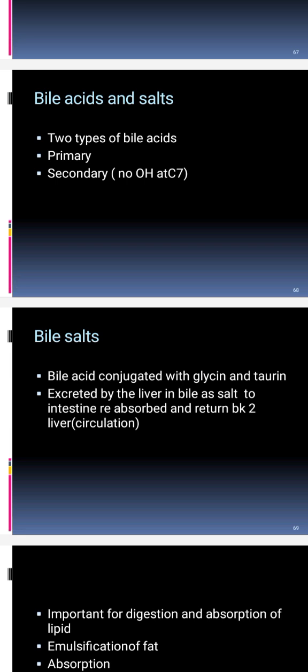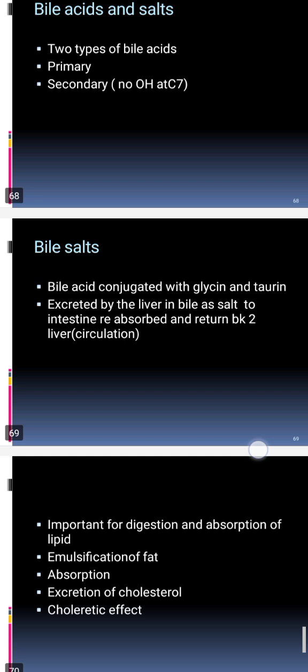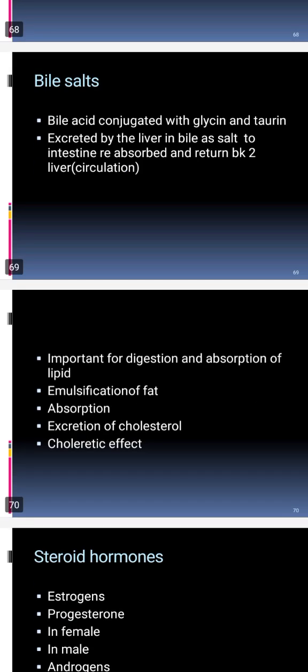When the bile acid is conjugated with glycine and taurine, we call it bile salt. Generally it's important for digestion and absorption of lipid because what will it do for the fat? It will do a process called emulsification.